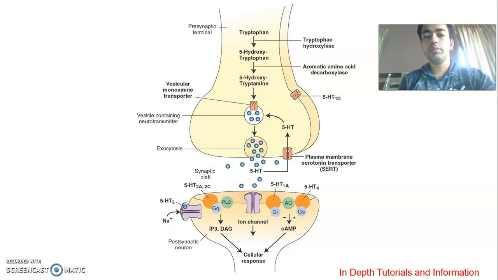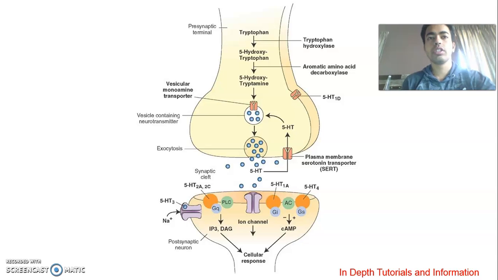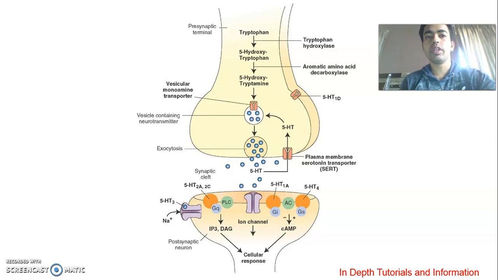Before we move towards the main content, just know the locations and functions of these serotonergic neurotransmitters. Serotonergic projections to the spinal cord are mainly involved in pain perception, visceral regulation and motor control, and serotonergic projections to the forebrain are involved in modulating mood, cognition and neuroendocrine function.